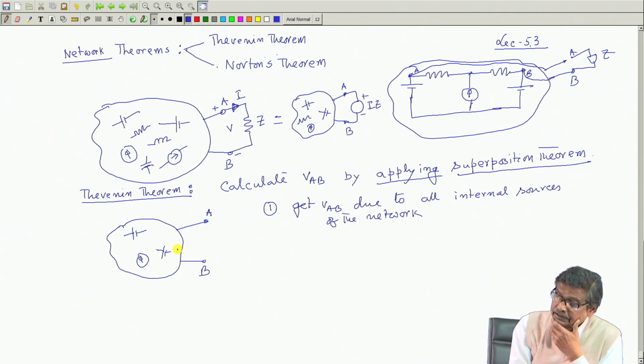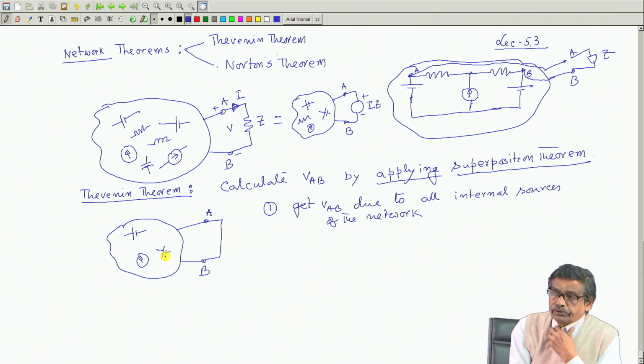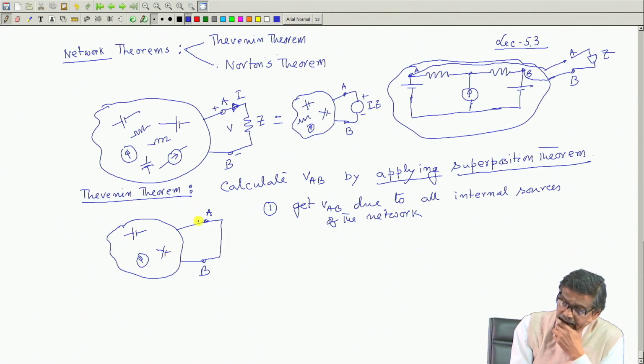So, all sources are present, and this should be then replaced by a short circuit, this source is short circuited, and all these sources are present, and I will get this current whatever it is. So, VAB will then be 0 as it appears. If you replace this by a short circuit, VAB will be 0.